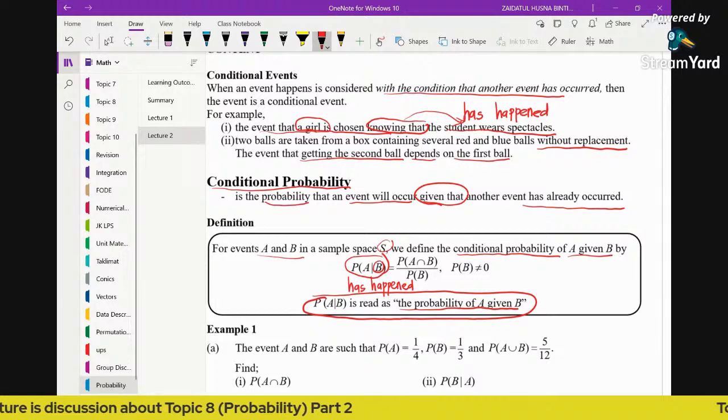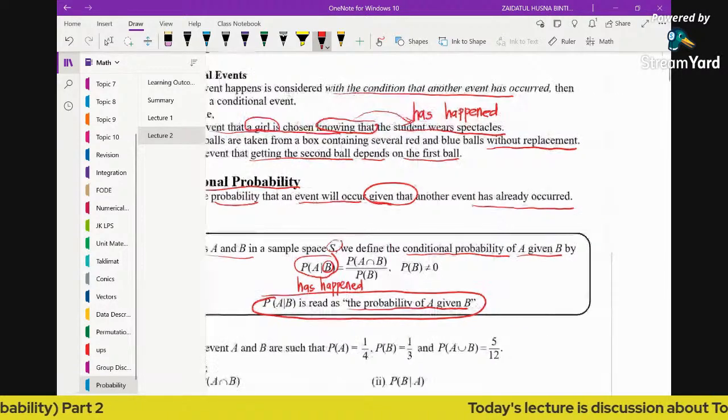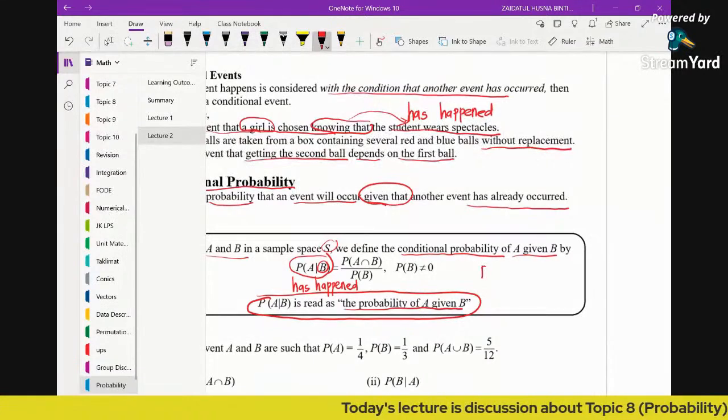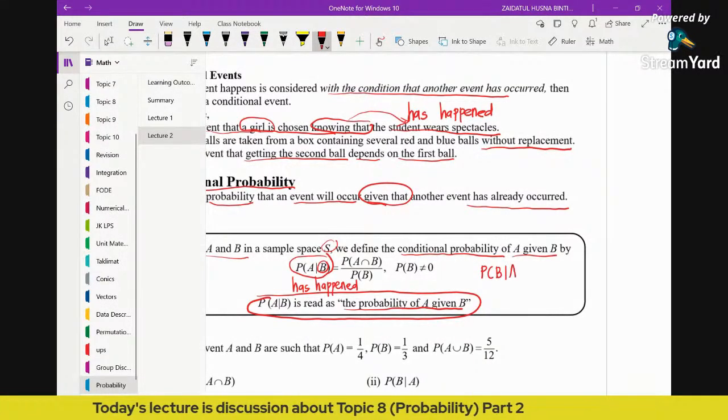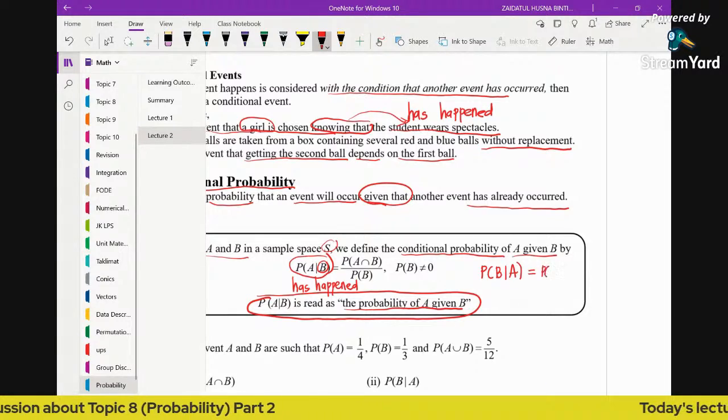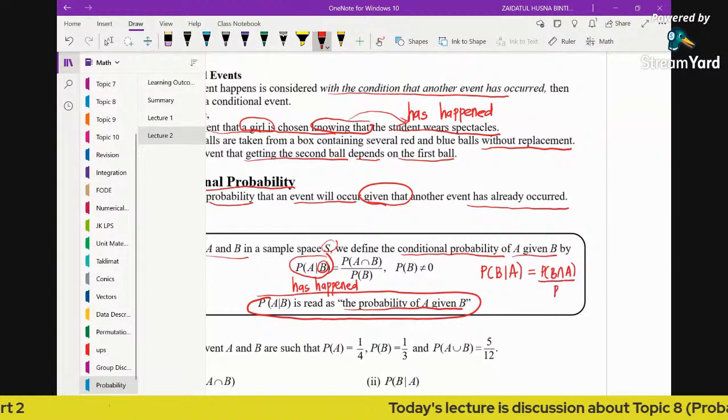So if we try to change the formula, let's say the event A has already happened, so we can change the formula. Let's say how to find the probability of B given that A has happened. You can simply change the formula, so you will have B intersect A divided by P(A).